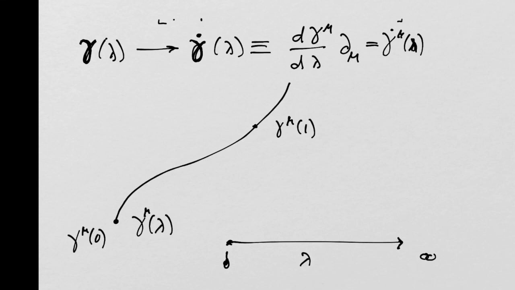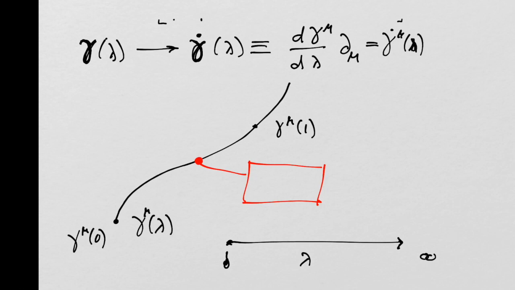But now I have this curve, and from this curve, which is parameterized by λ, I can make tangent vectors. I can make tangent vectors at every point along this curve. And those tangent vectors are easy to calculate. If I know this formula, I can take this derivative and I've got the tangent vector. So at, say, this point on the curve, there's a tangent space.